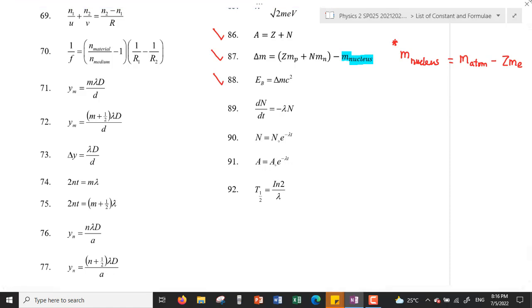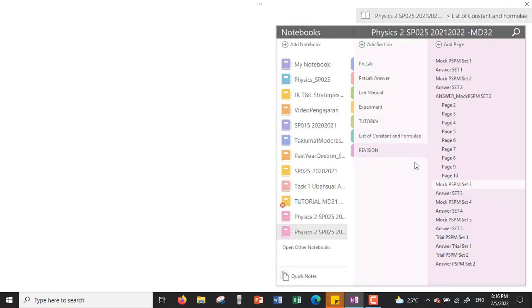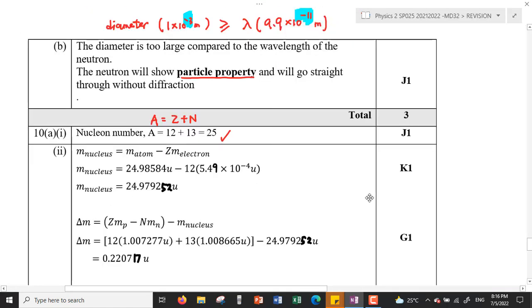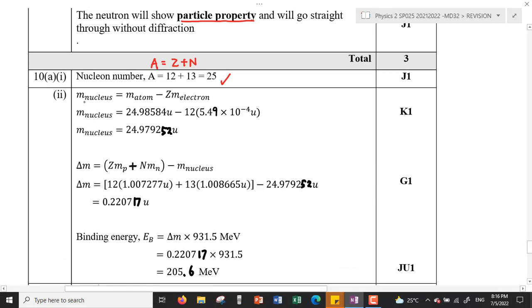Okay, so untuk selesaikan soalan binding energy ni, pertama kita perlu dapatkan mass nucleus dulu. So the mass nucleus will be the mass atom given in the question minus the total mass of the electron. Sebab nucleus tidak termasuk elektron. So kita perlu tolak mass electron.